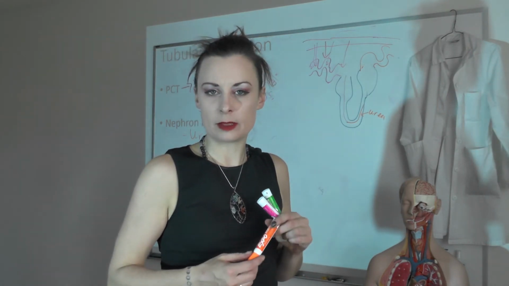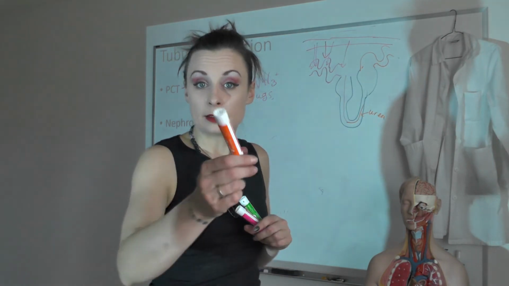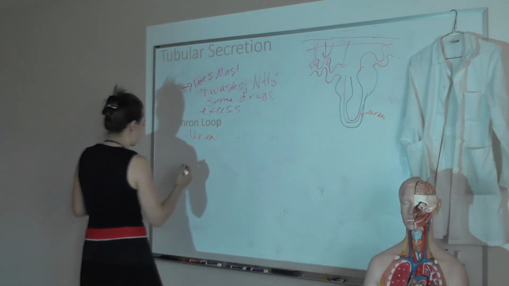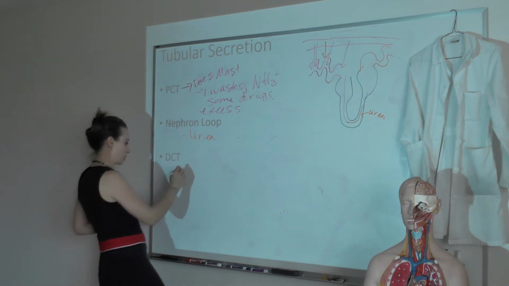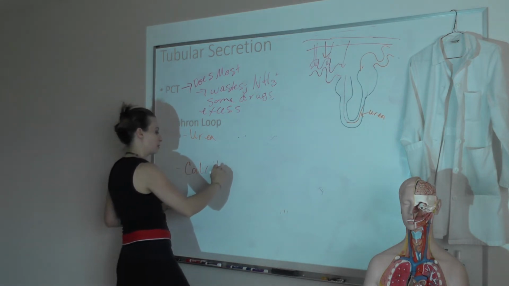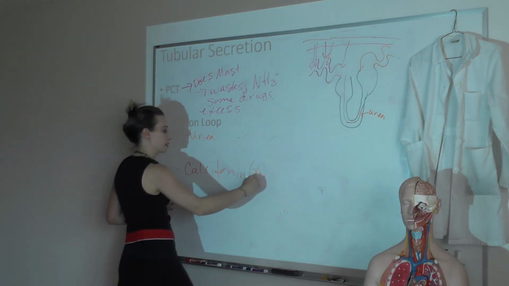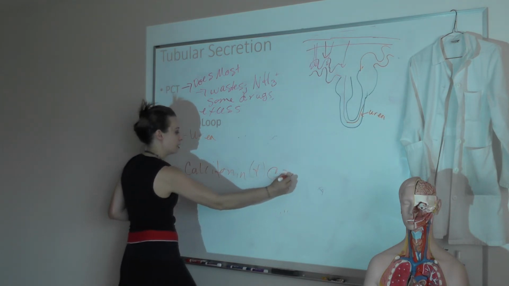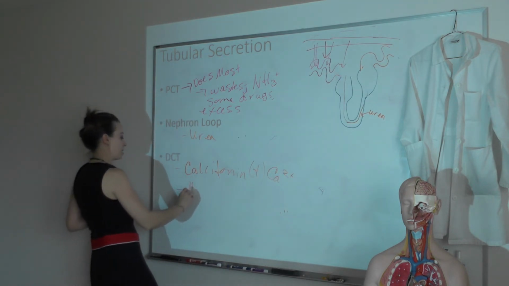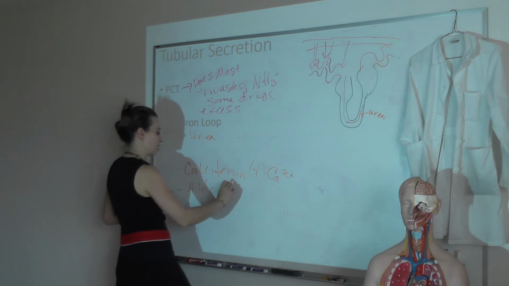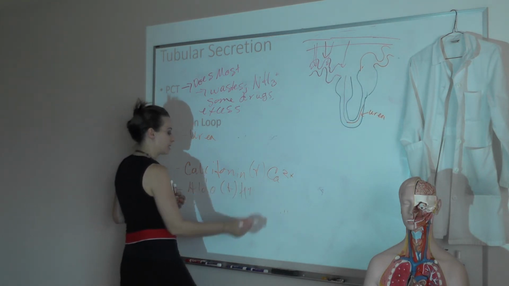So what hormone would stimulate potassium secretion? Aldosterone. So at the distal convoluted tubule for secretion, we could say calcitonin is going to stimulate the secretion of calcium, and aldosterone will stimulate the secretion of potassium.